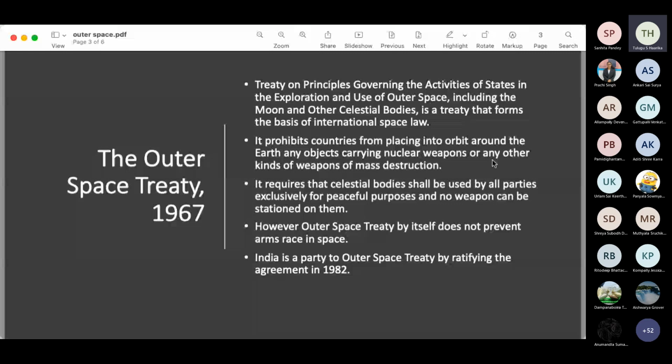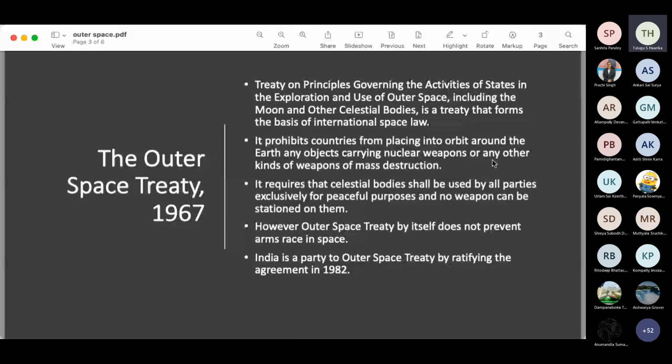So the treaty is not binding on all the states, right? But the very basic idea for all the states is that the rules regarding outer space have cropped up, and as a customary rule of international law, they have to follow them.